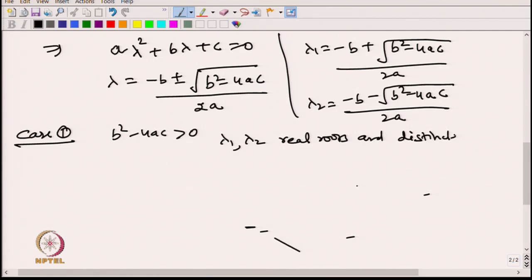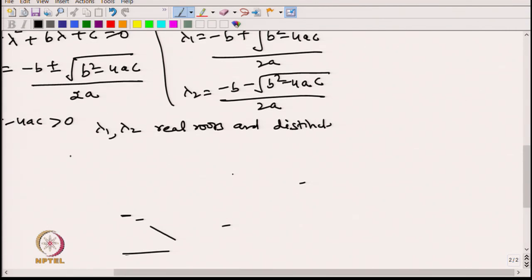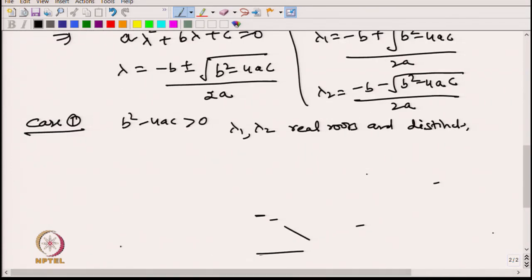Because in this case I put the value, it will be plus and minus, so it will be distinct roots. So, let us say I have two solutions. Now let y1(x) be e raised to power lambda 1 x, and y2(x) be e raised to power lambda 2 x, because these roots are real and distinct.